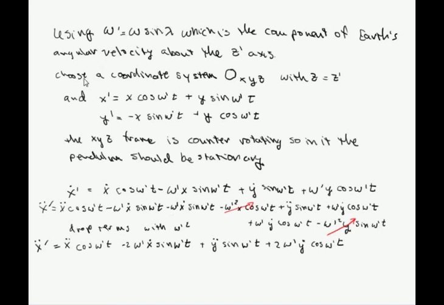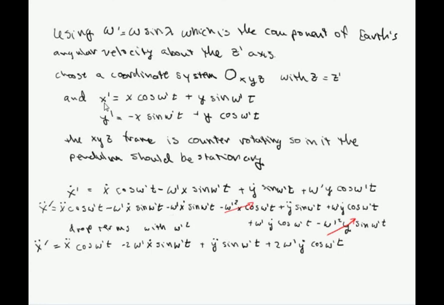And we're going to choose a new coordinate system. So we have our original x prime, y prime, z prime coordinate system that's fixed to the Earth. And now we're going to choose a coordinate system x, y, z with the same z-axis, but this one is going to be counter-rotating with the Earth at this velocity.